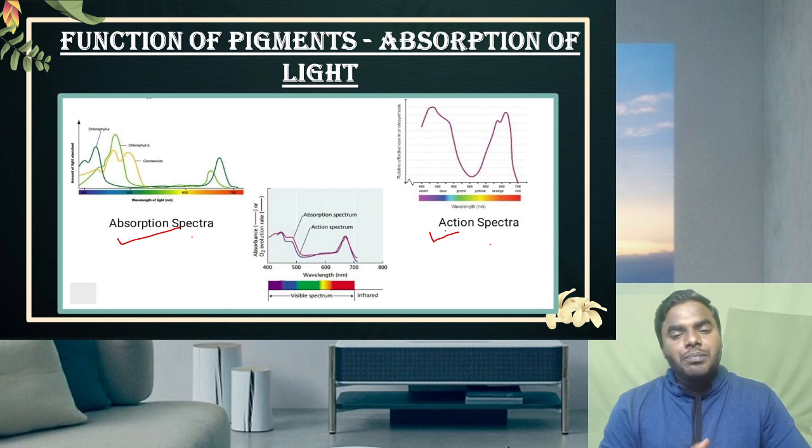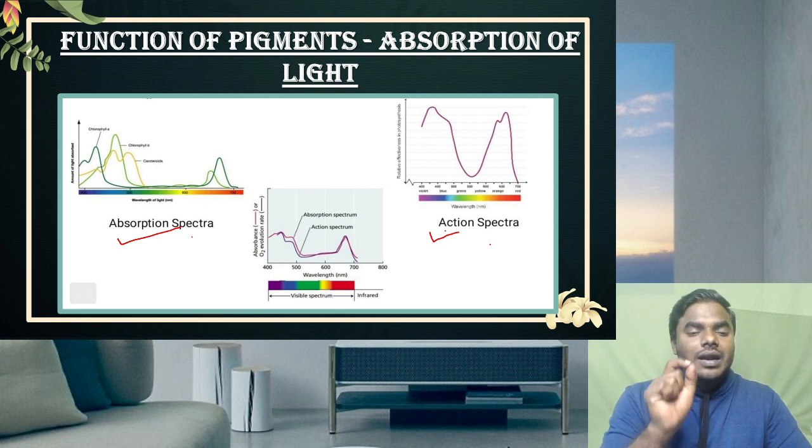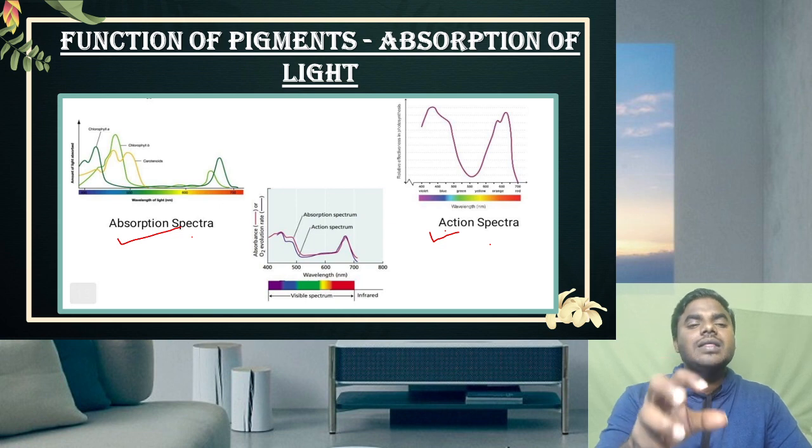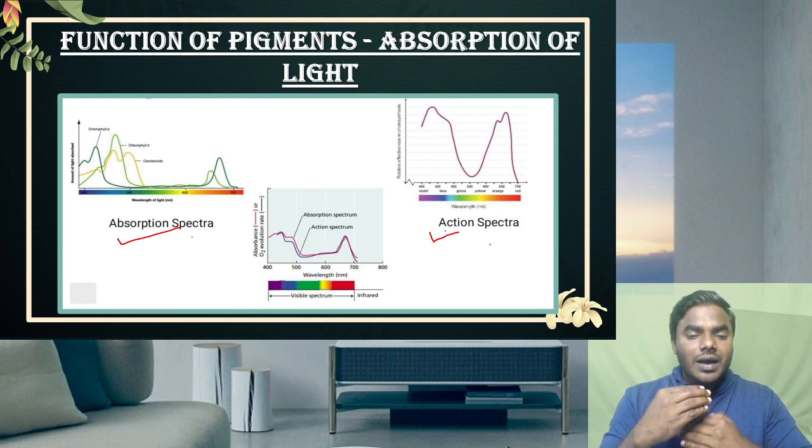And one very important point every one of you has to remember, in the last class also I stressed this point: the light absorbed by the pigment never appears in that color, but the color reflected by the pigment is the color that appears.